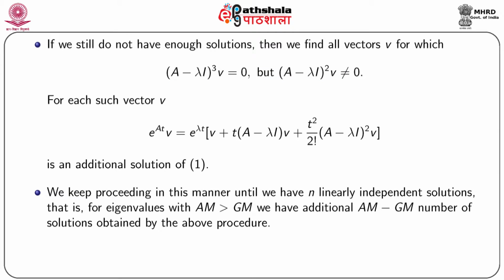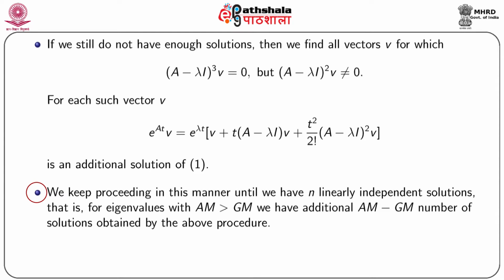For each such vector v, e to the power At into v is equal to e to the power lambda t into v plus t into (A minus lambda I) into v plus t square by 2 factorial (A minus lambda I) square into v, which is an additional solution of 1.